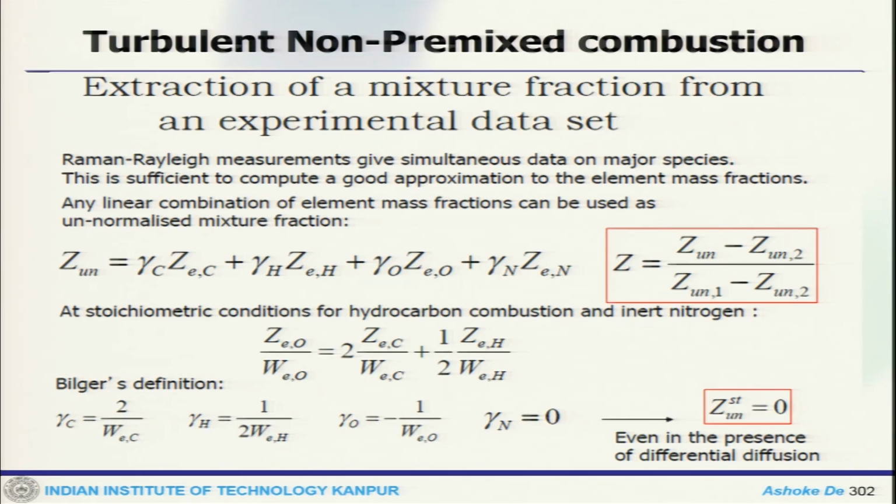So, what happens is that a linear combination of element mass fractions can be used, like the unnormalized mixture fraction equals gamma_C Z_EC, this is for the carbon atom, gamma_H Z_EH, this is for the hydrogen atom, gamma_O Z_EO, this is for the oxygen atom, gamma_N Z_EN for the nitrogen atom, and then we can normalize this with Z_unnormalized minus unnormalized at the second stream over unnormalized at the first stream minus the second stream. So, this is at stream 1 and stream 2. So, this would be Z_UN1, this is Z_UN2.